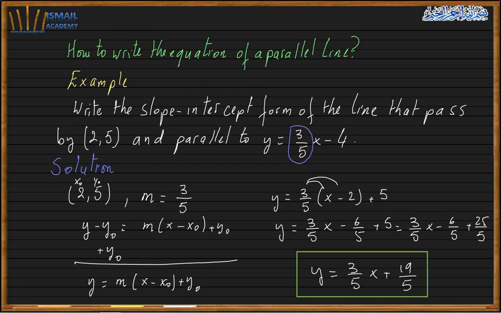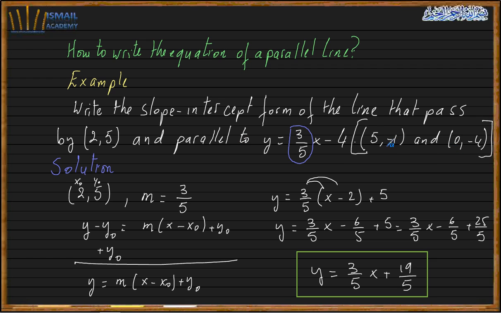That's the idea. And suppose they give you two points, and the second point is (5, -1). Write the slope-intercept equation of the line that passes through those two points.